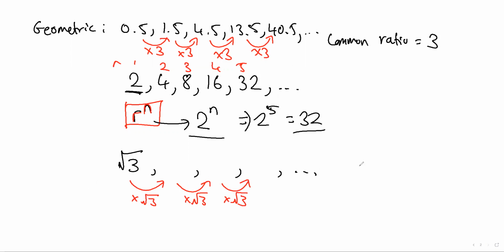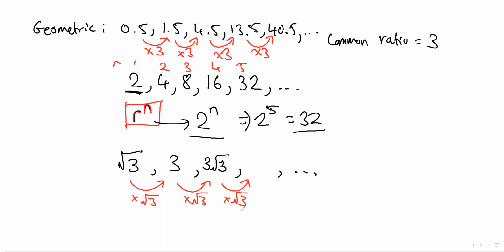Because remember, when we multiply two roots together, we can take the root away because it's √3 squared. So we'll just get 3. And then when we multiply by √3 again, we get 3√3.